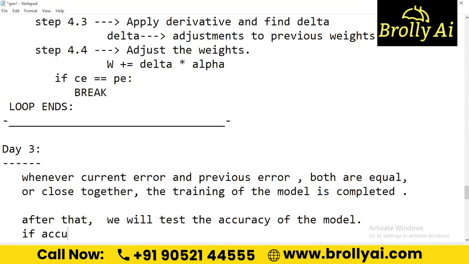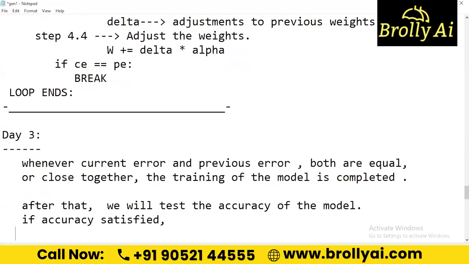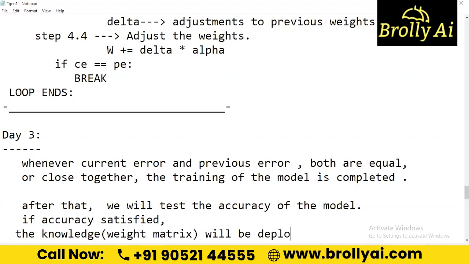If accuracy is satisfactory, the knowledge of the model will be deployed into the production application. That means weight. Knowledge means here the weight matrix, into the production application.